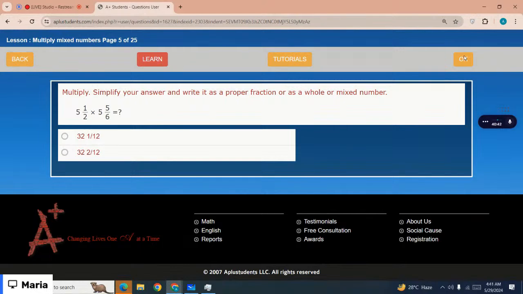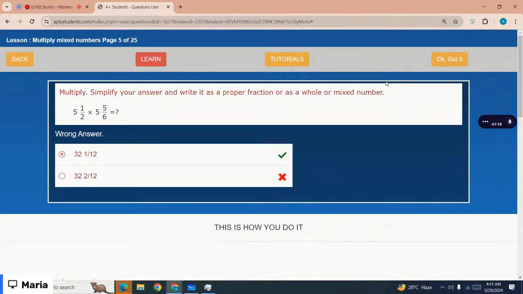The correct option is 32 whole 1 by 12. Option number 2 is the correct option. Oh, that's option number 1. 32 whole 1 by 12 it is, right?